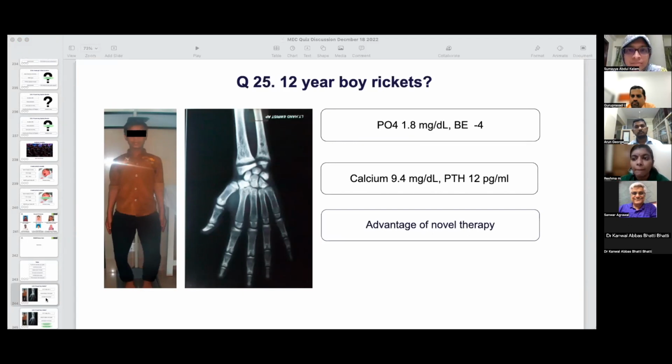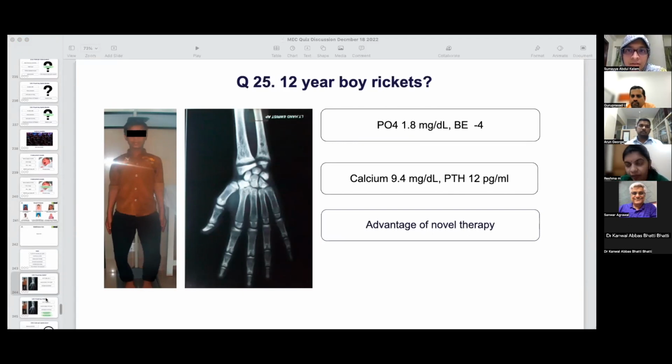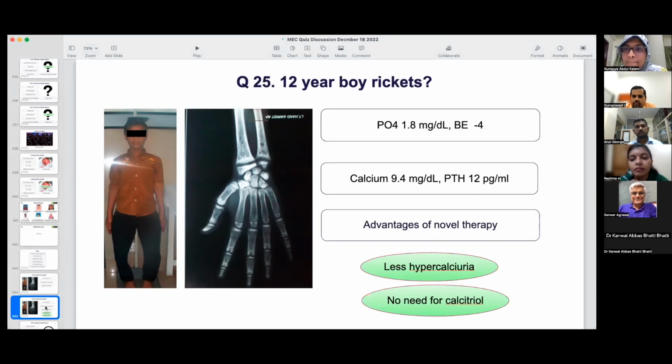Effect on which organ? Renal. So nephrocalcinosis will not happen, less hypercalciuria. So we'll give you 10 points on that. This was a perfectly right answer by Dr. Somaya. So 10 marks. This is hypophosphatemic rickets, burosumab, and you get less hypercalciuria.